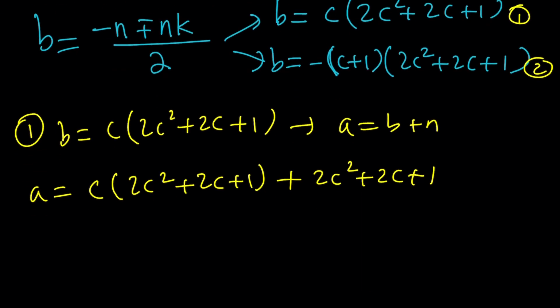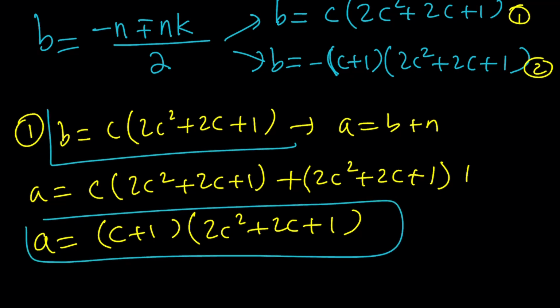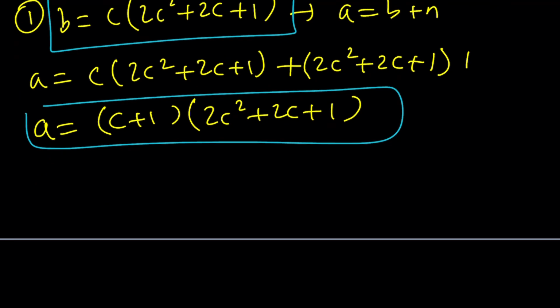Awesome. Now this is nice because if you write this and multiply by 1, then you have a common factor. From here, a becomes c plus 1 multiplied by 2c squared plus 2c plus 1. So we got a and b values. If this is a, and then this is b. Awesome. That's our parameters.